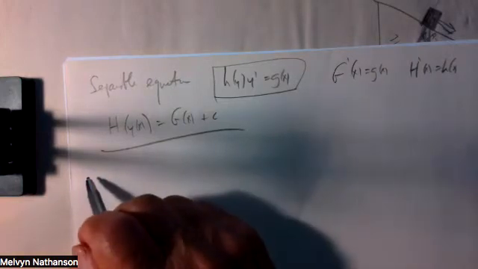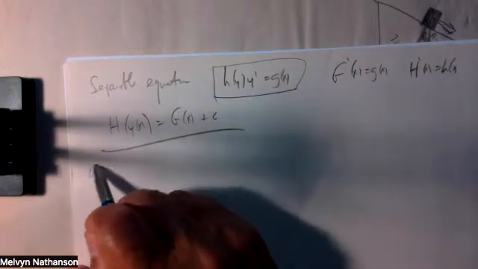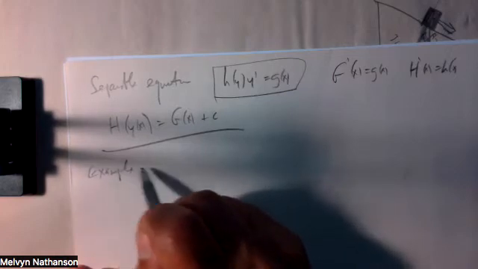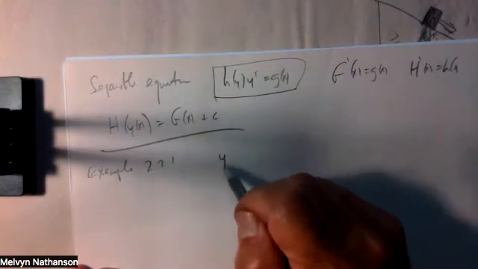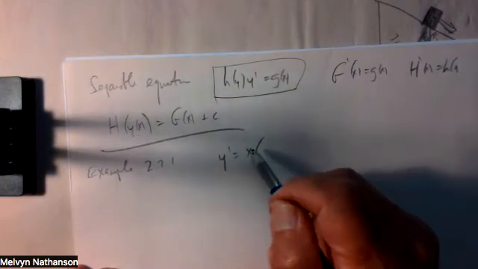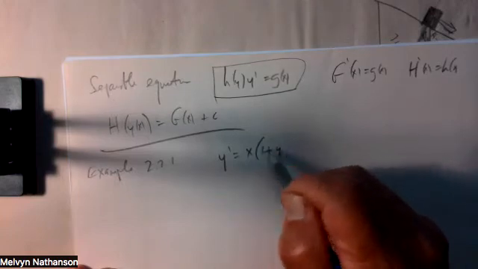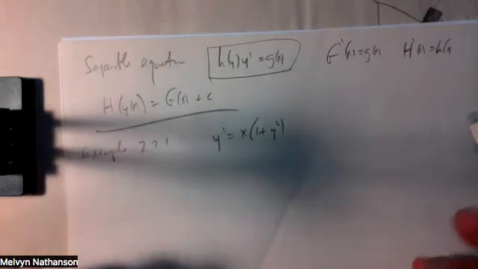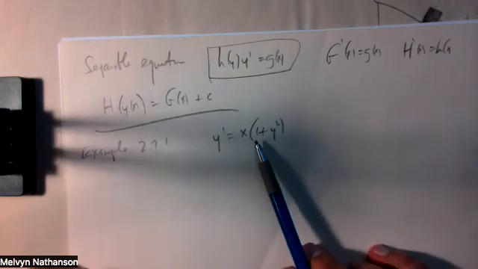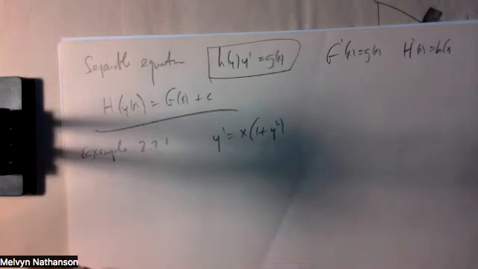So let's look at some examples. So in the text, this is example 2.2.1. We have the equation y prime equals x times 1 plus y squared. You might say that's not separable because I don't have x's on one side and y's on the other.